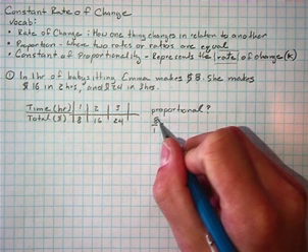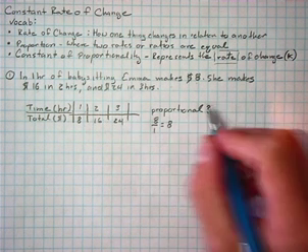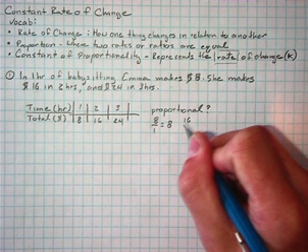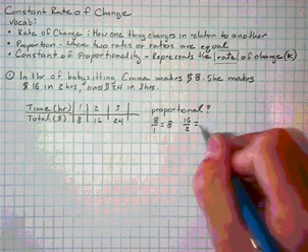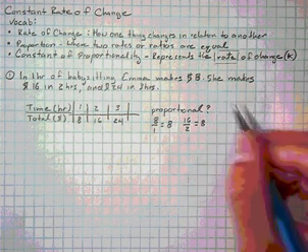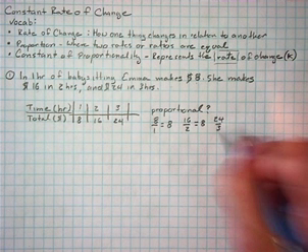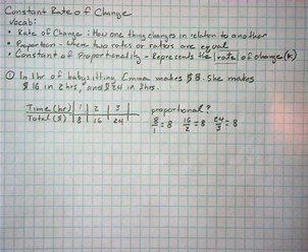So that means numerator divided by denominator gives us 8. Dollars per hour for our second is 16 to 2, which reduces to 8. My third one is going to be 24 to 3, which also reduces to 8.